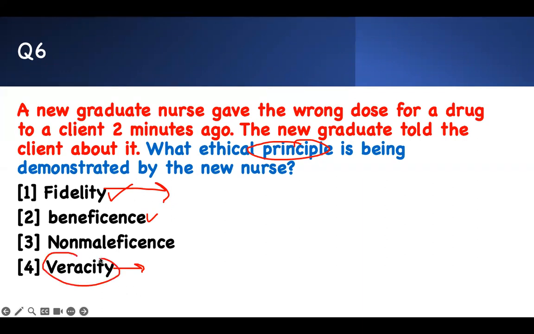Veracity, you are basically telling the actual truth, whether it hurts anybody or not. You take responsibility and tell the patient that, hey, this is the issue. And I'm telling you, whether you like it or not, I'm telling you the truth. I'm not hiding anything. So that's that.